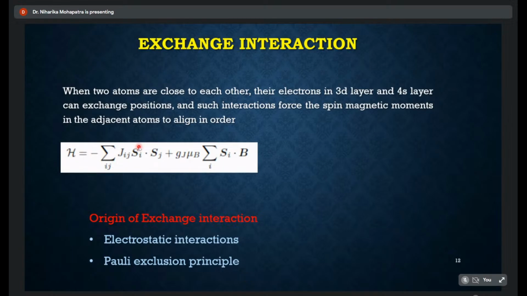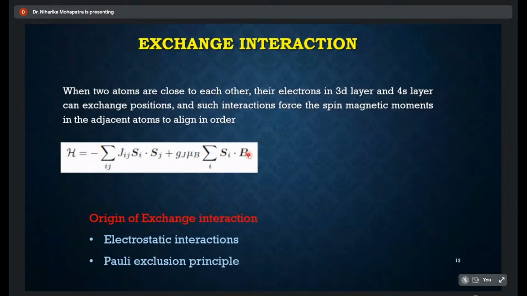This equation represents the interaction energy. This is particularly the exchange interaction between two neighboring spins at the ith and jth position. On the other hand, this particular term represents the interaction of the spins with the magnetic field.